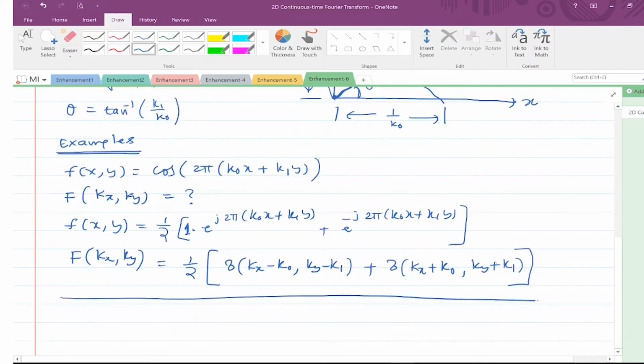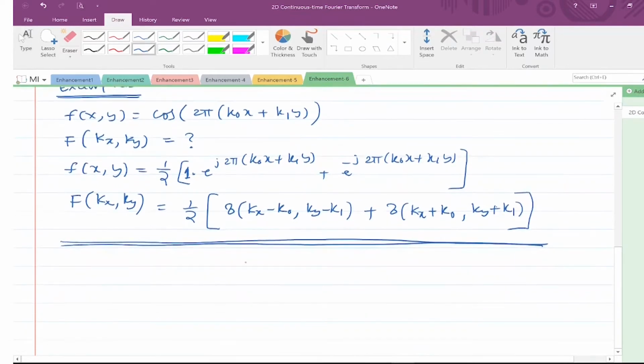So what is going to happen in the Fourier domain here? Let's try to draw the magnitude spectrum of this, where you have on the x-axis kx, y-axis ky. Assume that your k naught and k1 are positive values for the time being, and real, of course. Let's say this is k naught, minus k naught, k1, minus k1.